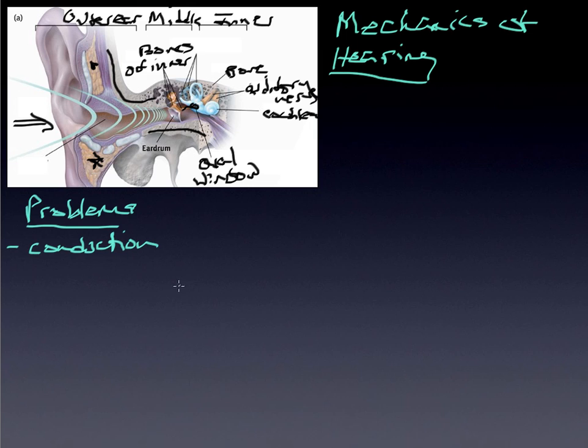So the conduction hearing loss that we refer to is damage to these hair cells that are in the cochlea. Hair cells.